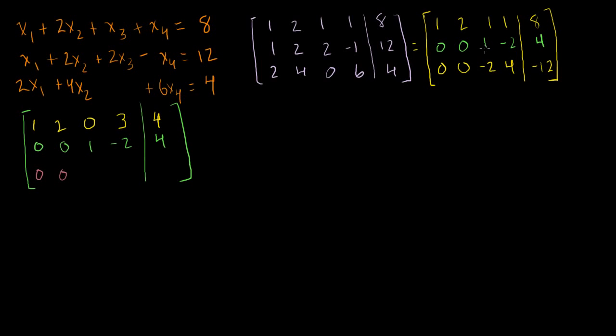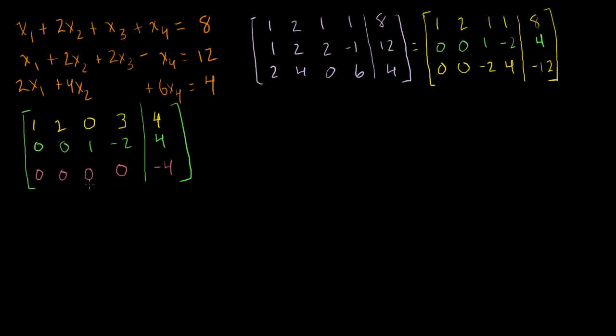Minus 2 plus 2 times 1 is 0. 4 plus 2 times minus 2, that's 4 minus 4, that's 0. And then I have minus 12 plus 2 times 4. That's minus 12 plus 8, which is minus 4.